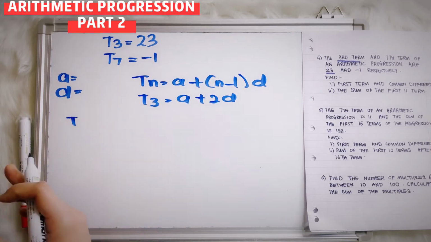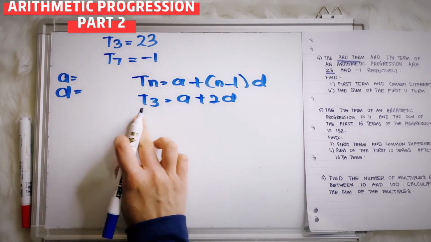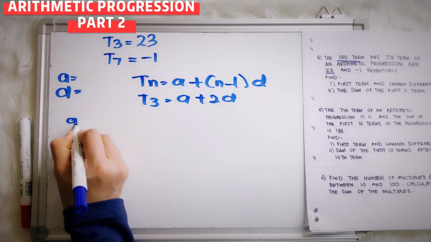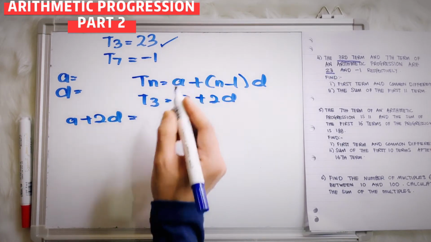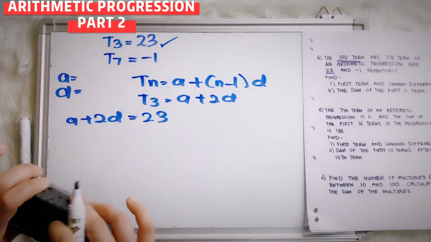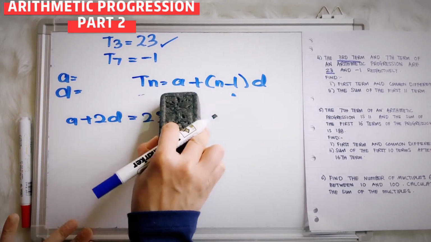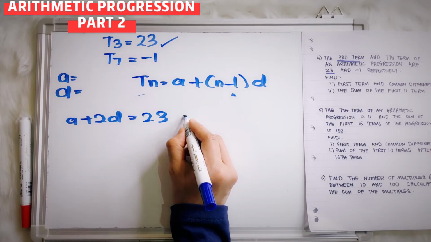So we put here A plus 2D equals 23. This is our first equation.